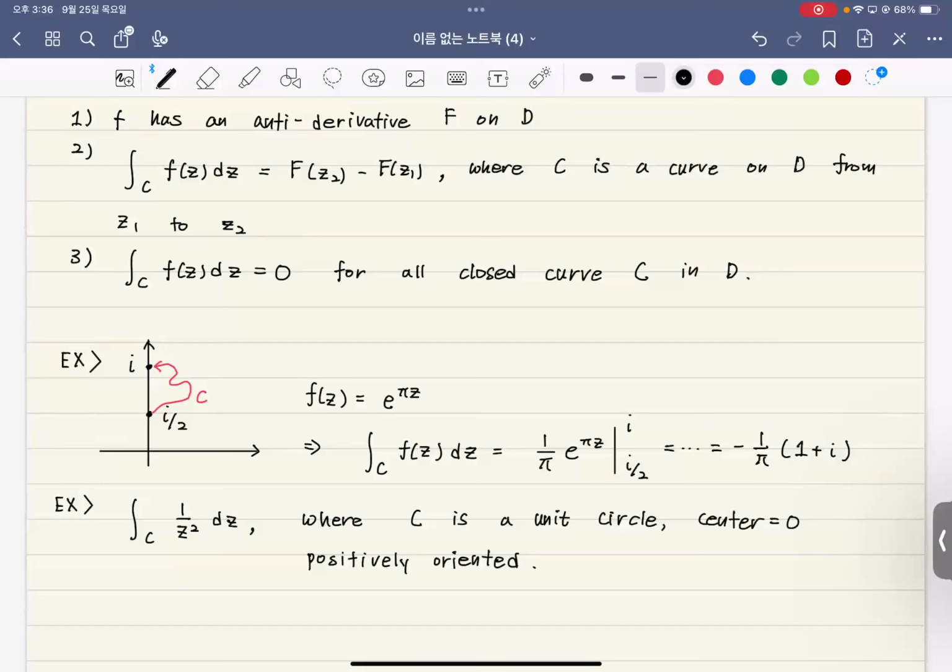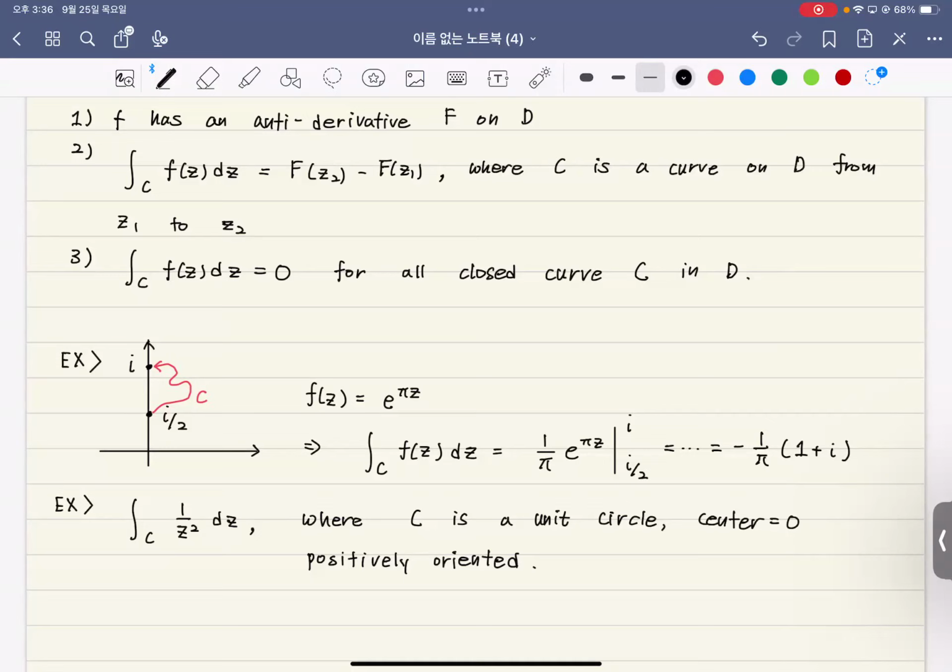Well, I believe the integrand is 1 over z squared, and the domain of this function is the entire complex plane minus the origin, right? And on that domain, the function has an antiderivative, which is minus 1 over z. Since the curve is obviously closed, I guess the answer equals 0. Am I right?